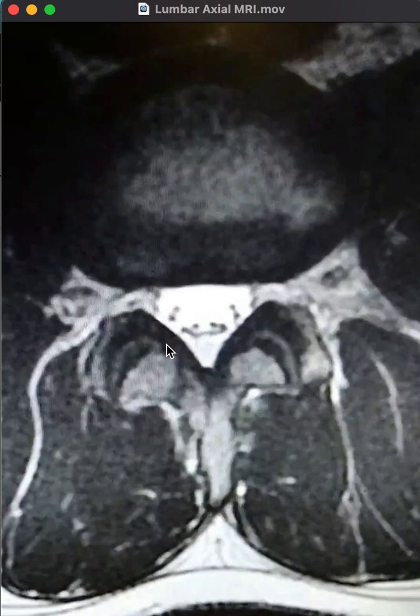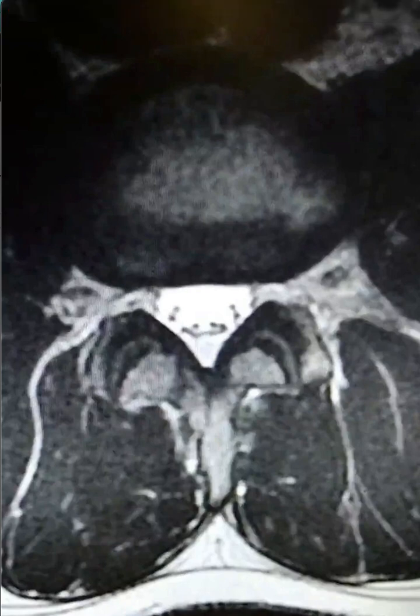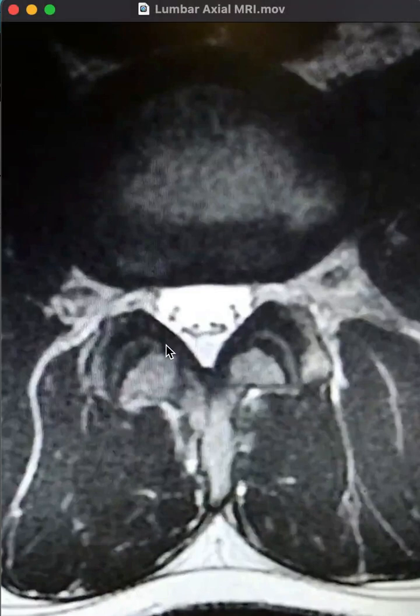As weight-bearing structures, they have joint fluid, they have capsules, they have pain receptors, and they typically cause symptoms when people are going into extension, rotation, or anytime they're moving through transition, meaning like sitting to standing, standing to sitting. But realistically, these joints can just generally be painful.